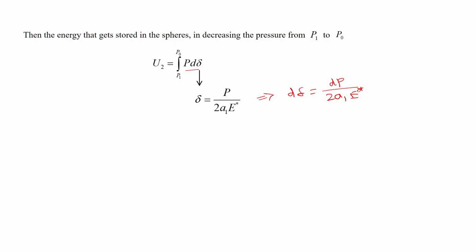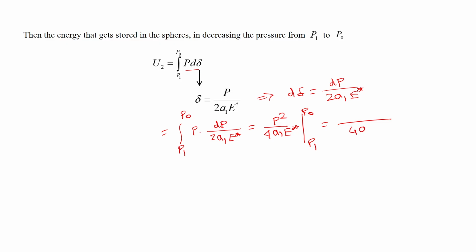Now substitute: integrating P into d delta from P1 to P0, with d delta equal to dP by 2 A1 E star, gives P square by 2 over 2 A1 E star, so it is 4 A1 E star, with P0 square minus P1 square.